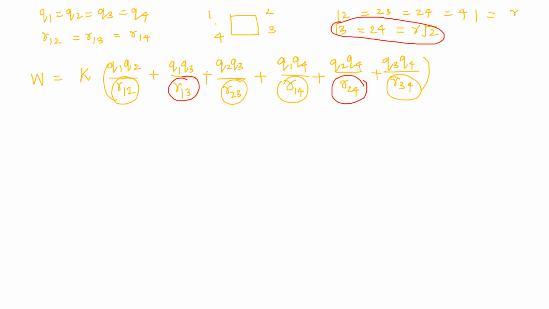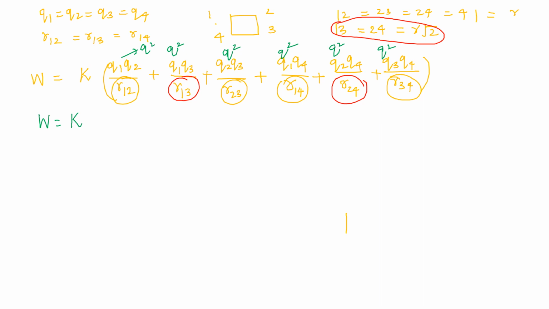So exactly what we will be getting is W equals K, and every term becomes Q square.